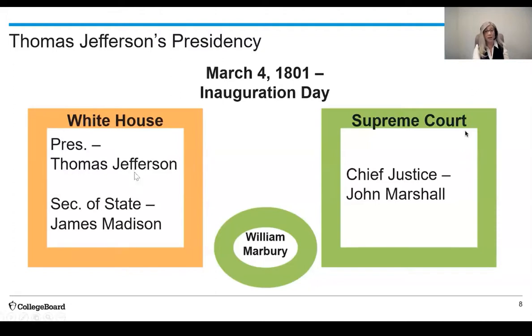Thomas Jefferson has James Madison as his Secretary of State. We've still got a Federalist Supreme Court, and then poor old William Marbury never got his commission for his job, so he doesn't know what to do because he feels like he deserves it. Looking at this arrangement, he's probably not going to get a lot of help from the executive branch, but he might get some help from the judicial branch because they're of the same party.